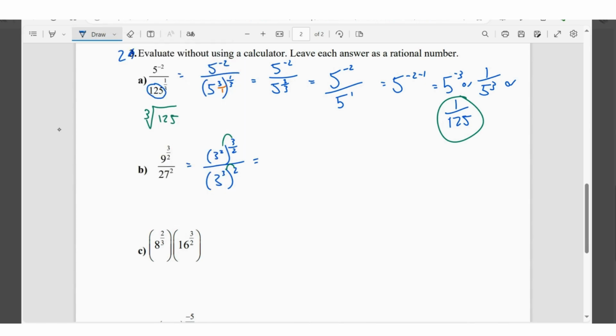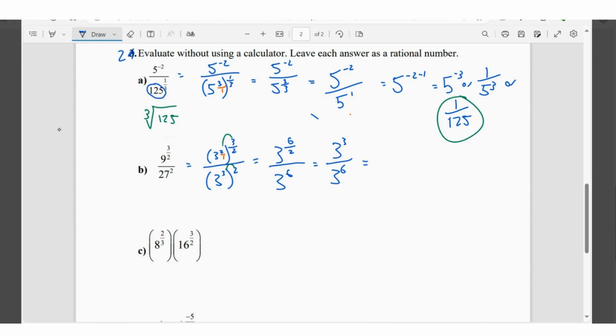This becomes 3 to the power of, this is over a little invisible 1. Let's not forget. And 2 times 3 is 6 over 1 times 2 is 2, over 3 to the 6. Now we've got 6 divided by 2 is 3, over 3 to the 6.